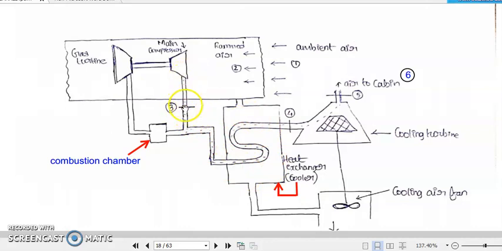The air which is coming out from the main compressor, through the point 3, or actually 3 dash, will be highly compressed. Due to that high compression, its total energy will be very high, meaning the pressure energy as well as the temperature of that compressed air will be very high. It is this high temperature, high pressure air which is passed through the heat exchanger or the cooler. So what is happening here in this cooler?